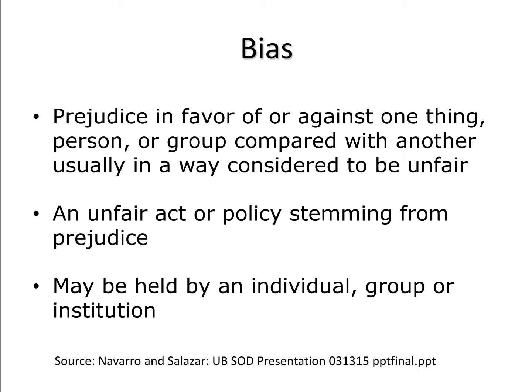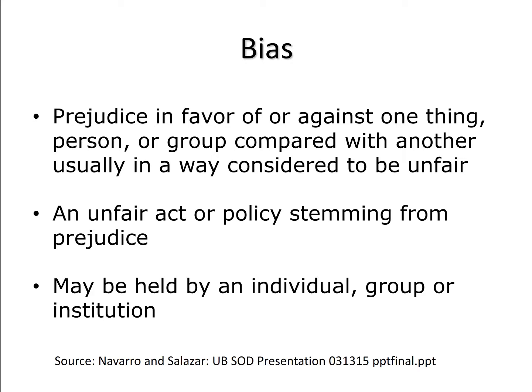And it's a prejudice. The prejudice could be in favor of, or against, a person or a group compared with another group, and usually biases are considered to be unfair.